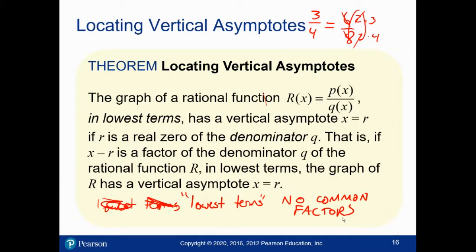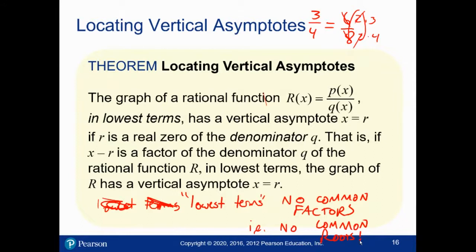If it's there, then we need to be careful about it, maybe cancel it off. So how would I ever determine whether two polynomials have the same factor? That is exactly the same as not having any shared roots. Remember, roots of polynomials give you factors. So if I want them to not have common factors, I want them to not have common roots.